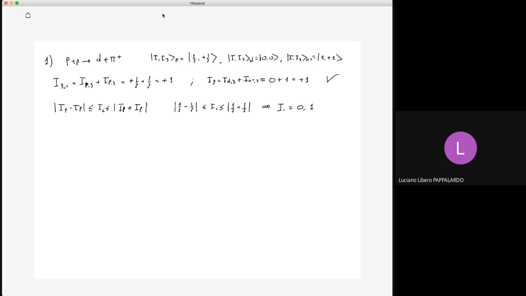Okay. Now a question for you. By applying the formalism for the multiplicity, we found that there are two possible values for the initial total isospin, either 0 or 1. But the question I want to raise to you is, are those two values both possible or not? And why?